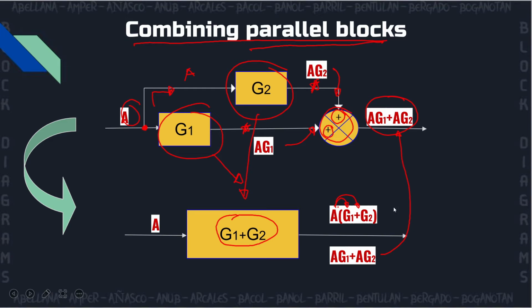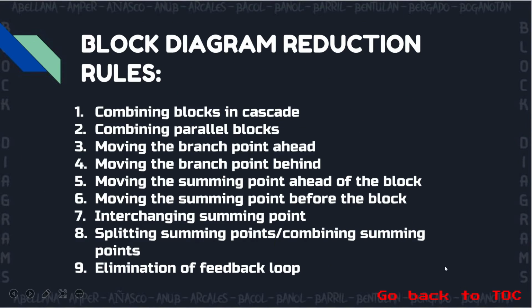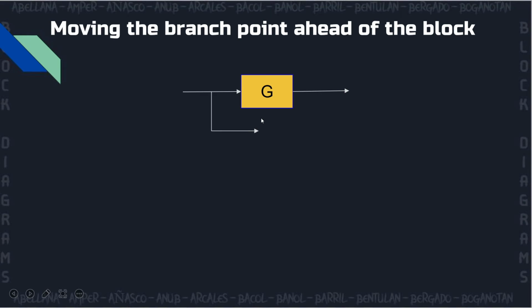Now that we are done explaining the second rule of block diagram reduction, let us proceed to the third, which is moving a branch point ahead. So consider this block diagram with transfer function G and signal A. Now, as you can see here, we have a branching point branching off from signal A. So we know that the signal in this part of the block diagram would be A, and when we multiply the transfer function and the input, the output would be AG.